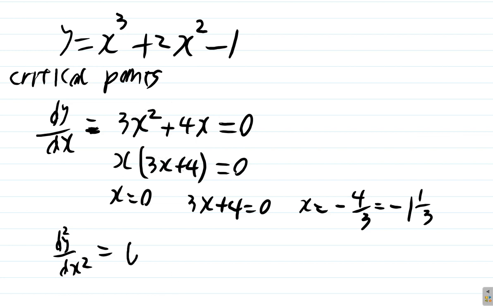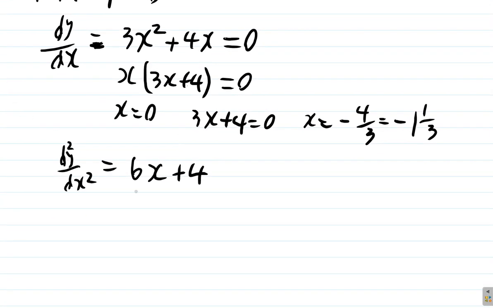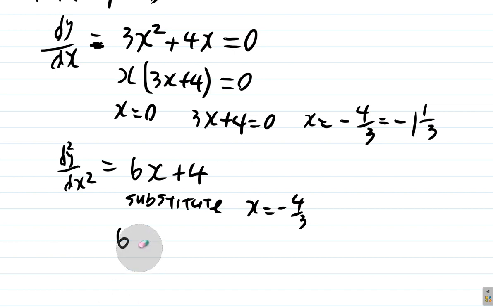So I have 6x plus 4. Right? Now, let's substitute x equals 0 first.